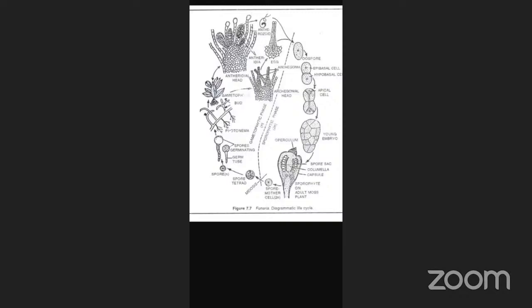So what is the sporophyte of Riccia? We can see here that after the zygote, that is after fertilization, it increases in size and undergoes a single division forming a two-celled embryo. This embryo repeatedly divides to form 20 to 30 undifferentiated cells. The outer one is the amphithecium and the inner one is the endothecium.